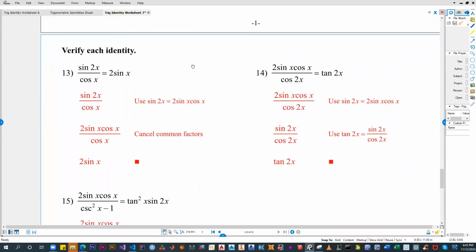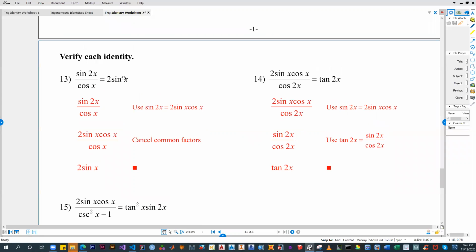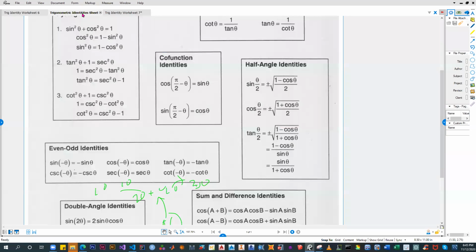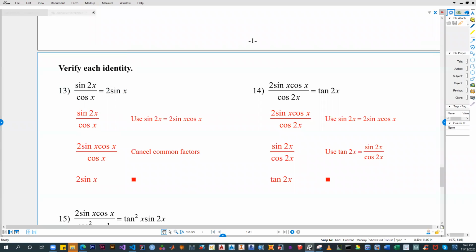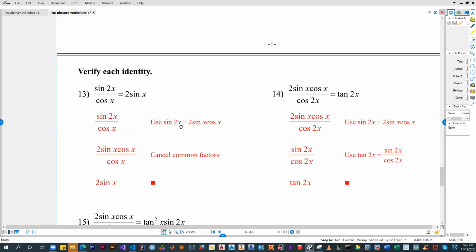So for this one, a bunch of this is just verifying it. It's really just, can you apply the trig identity, let me look at the trig identity sheet, and then see if you can get this. So sine 2x is your double angle identity, right?